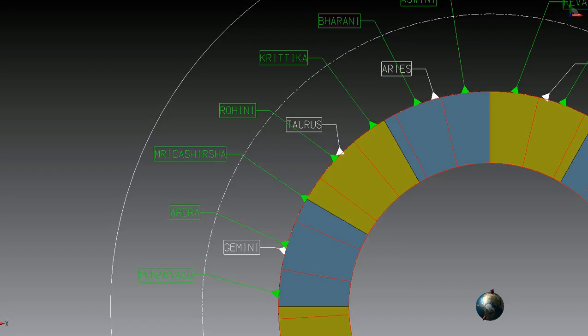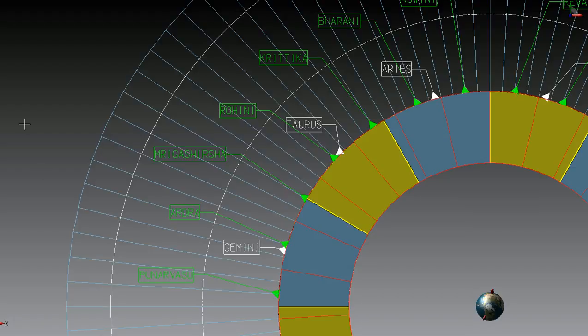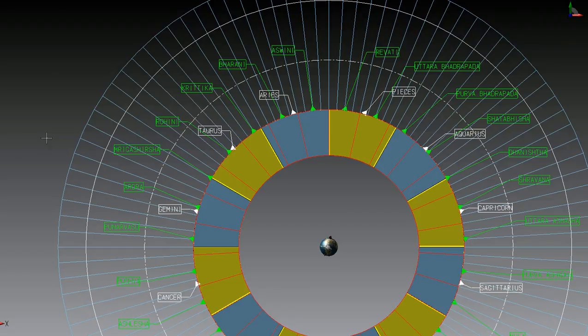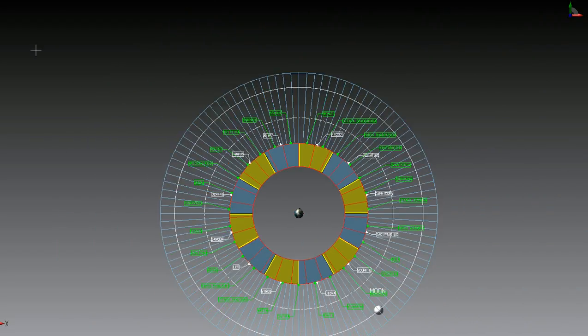Now the Padhas are the subcomponents of the nakshatras. When I say subcomponents of the nakshatra, that means the nakshatras are again divided into subcomponents.